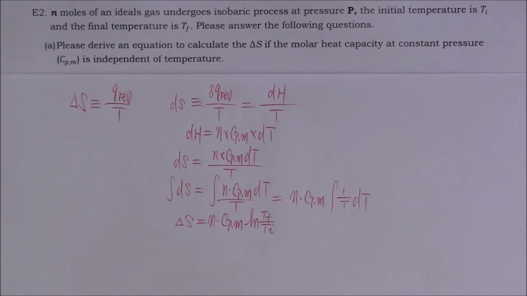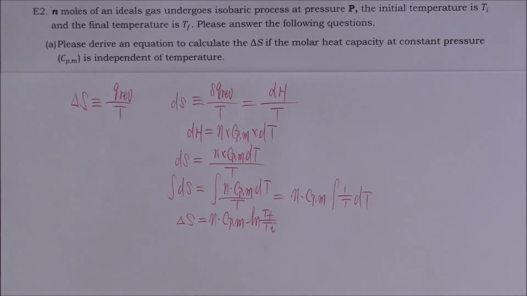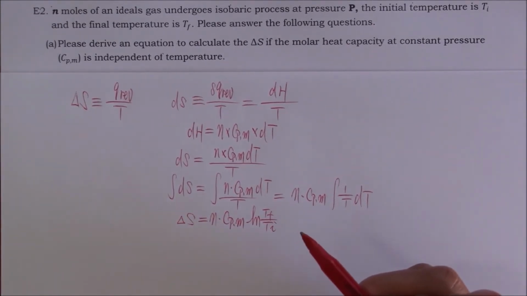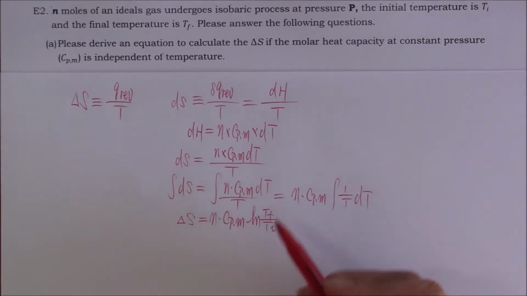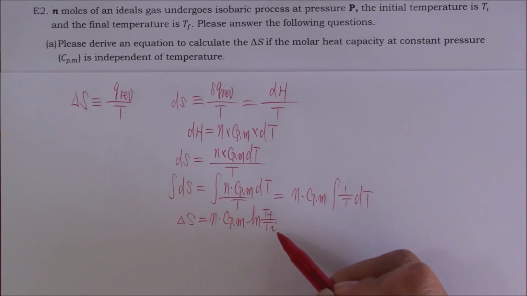From this equation, we can also link back to the 3 qualitative rules to predict the entropy change. Remember, when we increase the temperature, the entropy increases. We can reach the same conclusion from this equation. When we increase the temperature, the final temperature is larger than the initial temperature.